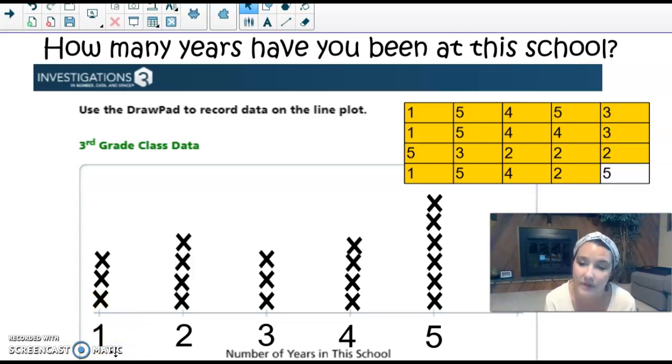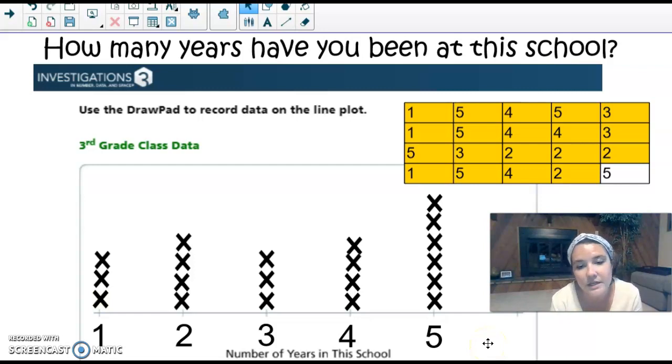Okay? What is the greatest number of years someone has been at this school? You're right, 5, because again, the question was asking about number of years, and so 5 is the greatest number of years that someone has been at this school.